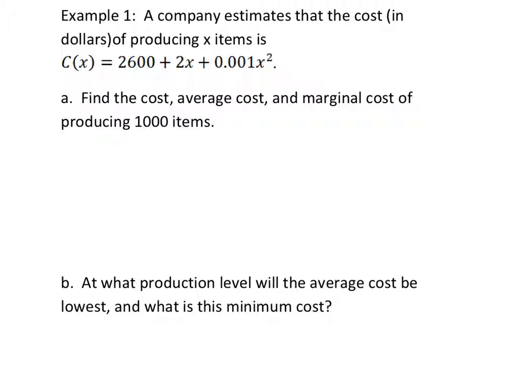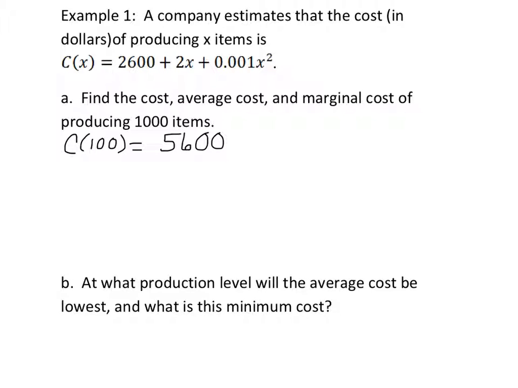Well, the regular cost is just plugging 1,000 into the original equation. So if I plug that into 2,600 plus 2 times 1,000 plus 0.001 times 1,000 squared, I end up with 5,600. So that's how much it would cost to produce 1,000 items of this commodity.